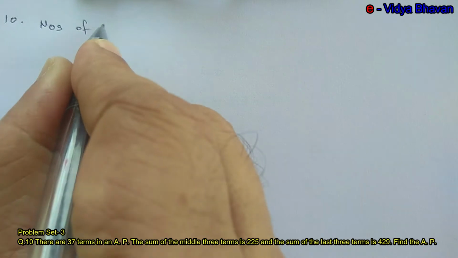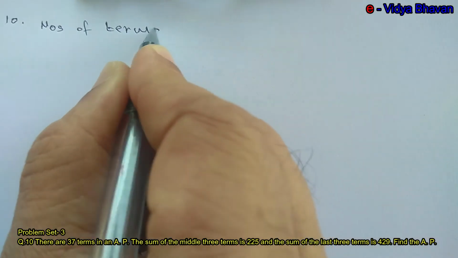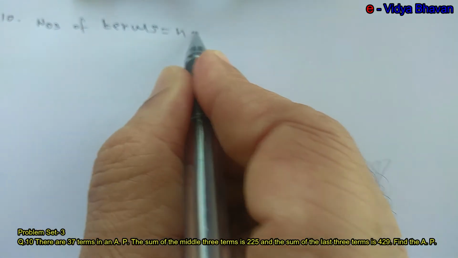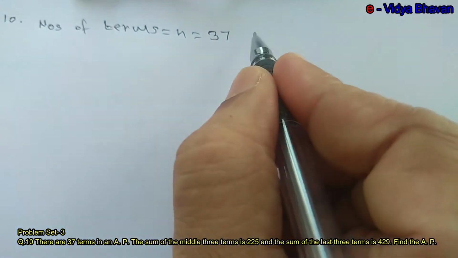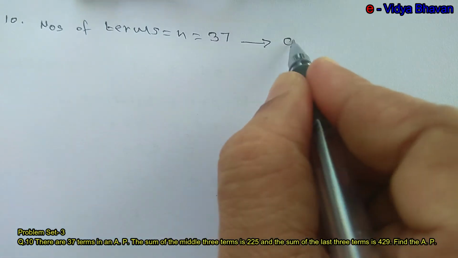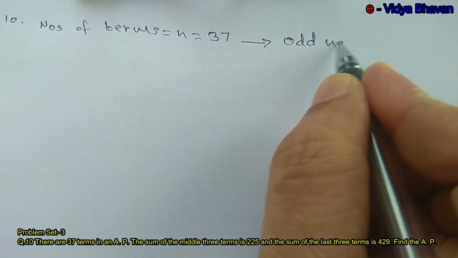So in the question we have number of terms, that is n, given 37 and it is an odd number.